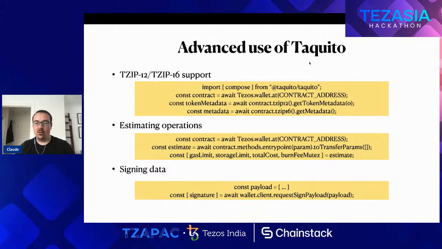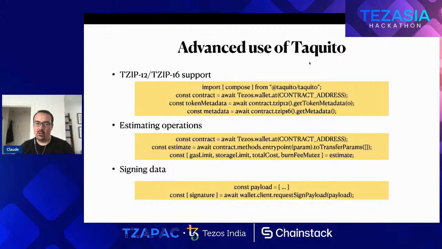It's just like forging an operation, but without the send method. Instead of send, you use toTransferParams, and Taquito is going to return different values associated with the operation, like the gas limit, storage limit, the total cost of the operation, and the burn fee in microtez. These are values you can use to estimate the cost of the operation.